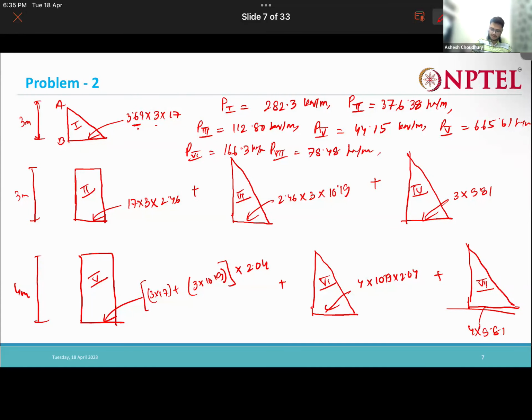Okay, so the total P will be 282.3 plus the others, which comes to 1726.02 kilonewton per meter. Check this value once. I think it's correct.